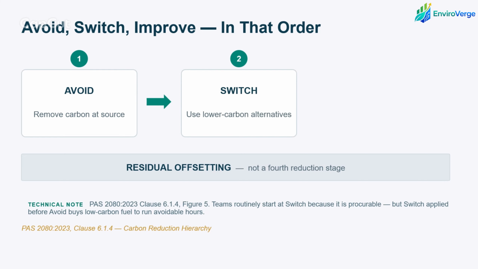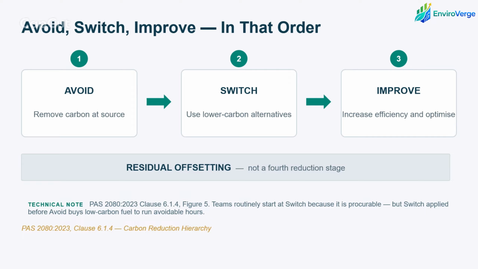Switch. Change the material or the energy source. Ground granulated blast furnace slag, GGBS, in place of cement. Recycled aggregate, HVO, a renewable diesel substitute. Grid or hybrid power. Then, improve. Same output, less input. Right sizing, idle control, load matching, waste reduction.